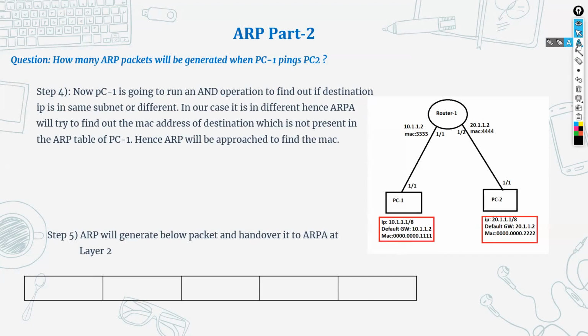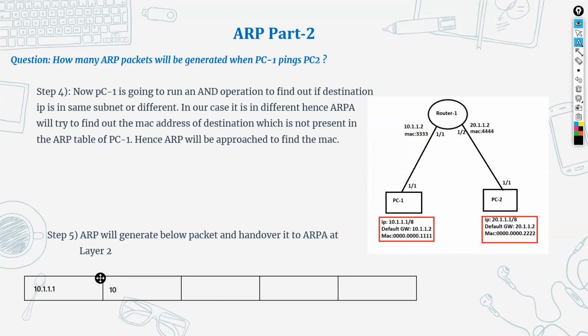So the ARP, or the address resolution protocol, is going to generate the ARP request, which will look like this. So the source IP will be what? It will be the IP of PC1, which is 10.1.1.1. What is the destination IP?